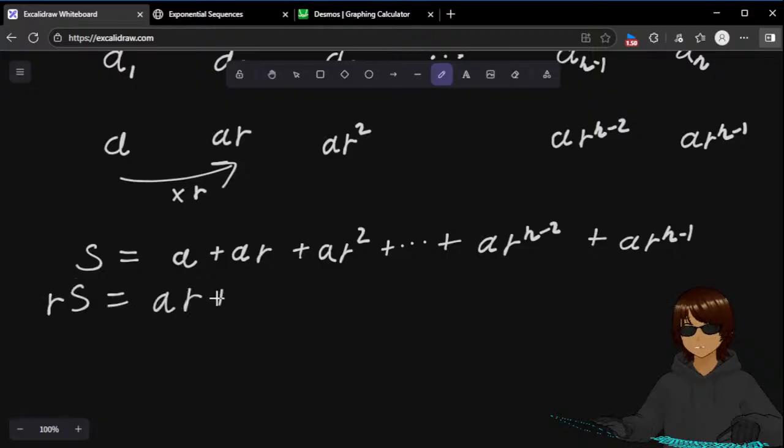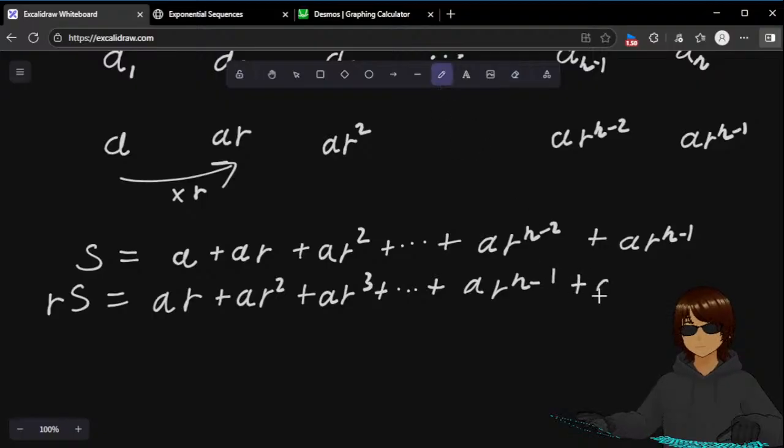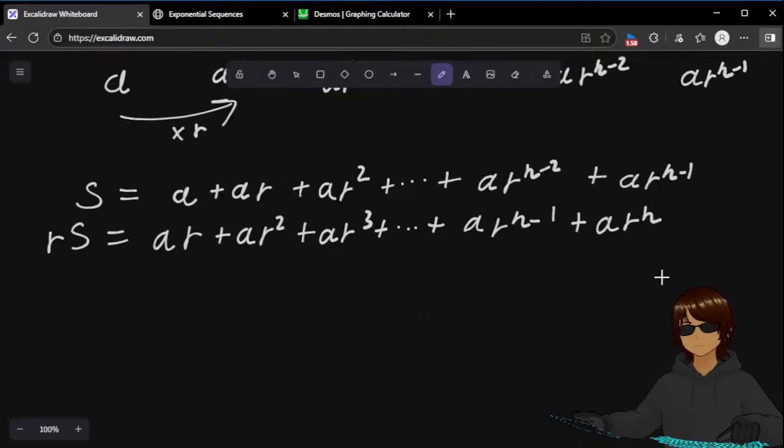r times S is A r, A r squared, A r cubed, up to A r to the n. S minus r S. So I'm subtracting these two. This and this will cancel out.